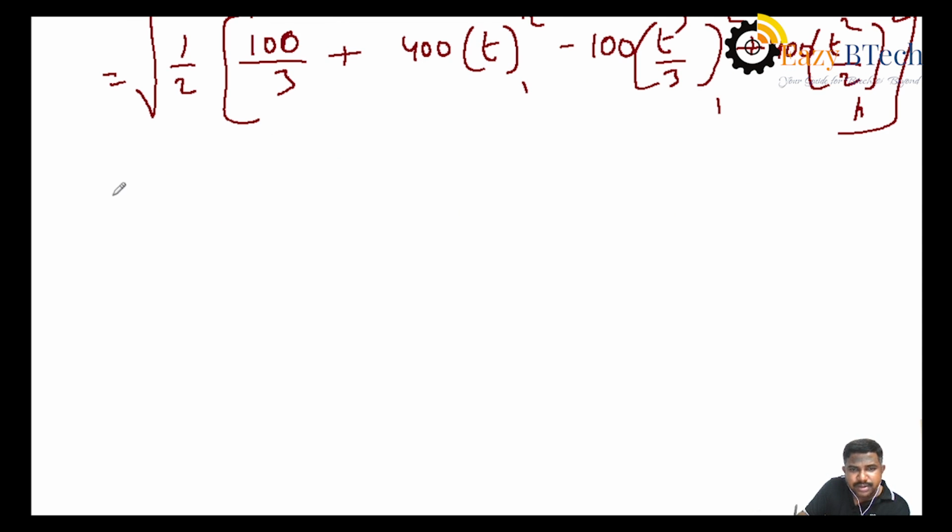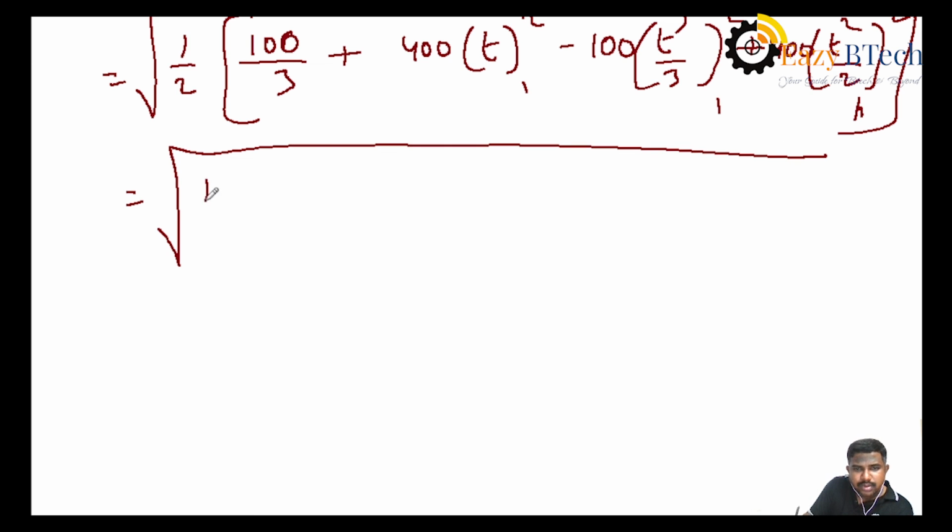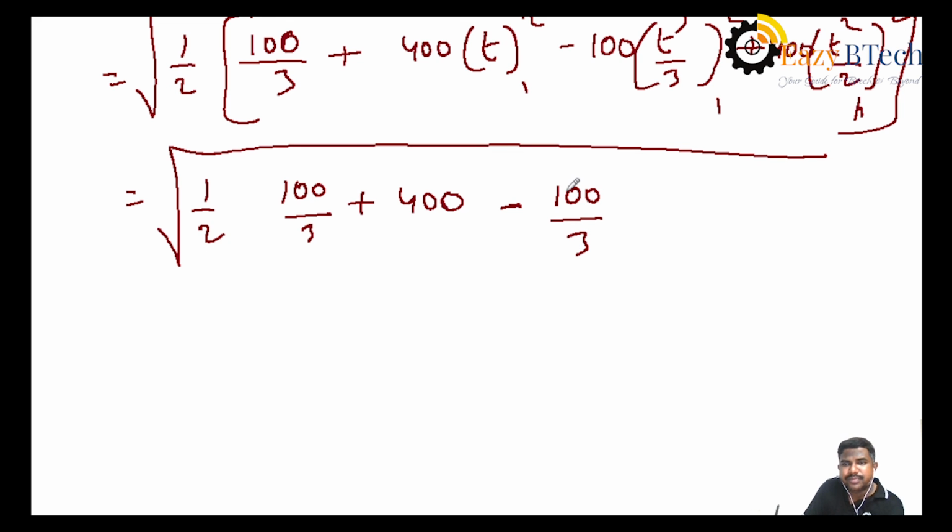Then simplify the equation. 1 by 2, 100 by 3, 400 into 2 minus 1, 1. That's why 400, minus again 100 by 3, 2 cube minus 1 cube, that is 8.